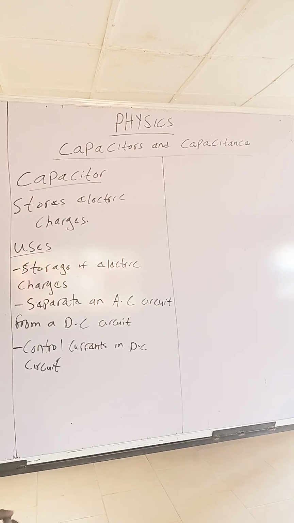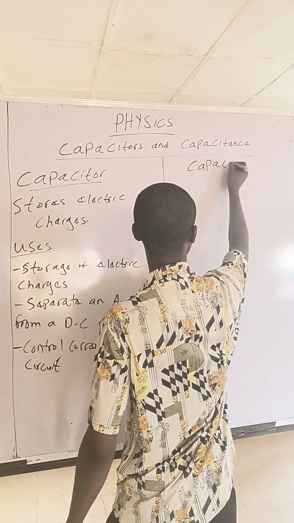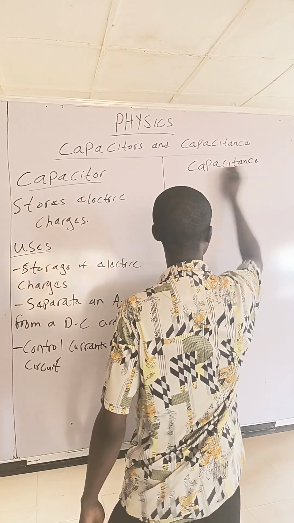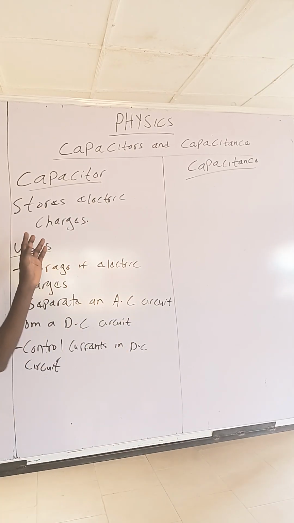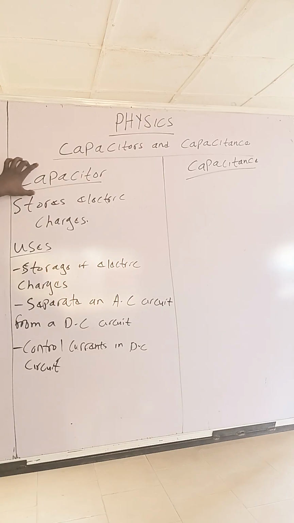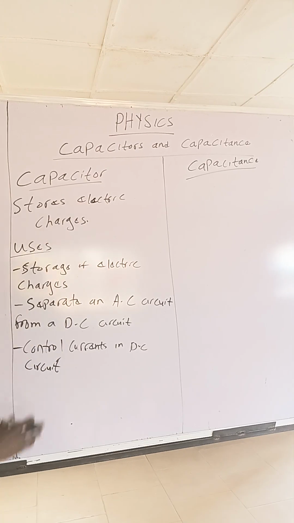Now moving on to capacitance this time around. So what is capacitance, and what is a capacitor? You are able to tell what a capacitor is: a device that stores electric charges, separates an AC circuit from a DC circuit, and controls current in a DC circuit.